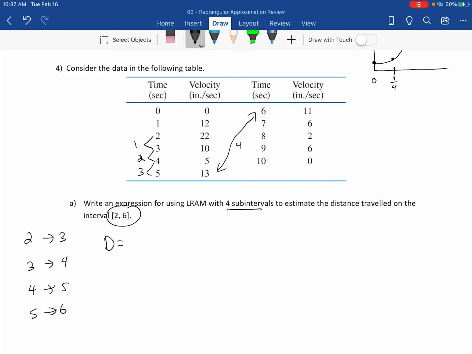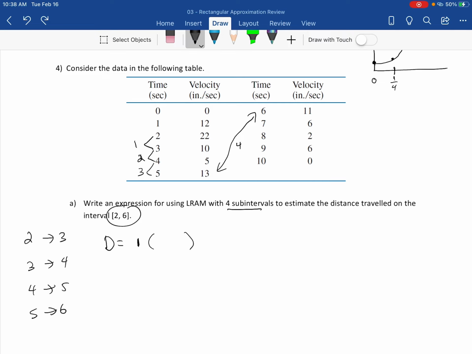Distance equals, every time, base times height. Every one of these intervals is 1 second wide. That is, we're going 2 to 3, 3 to 4, 4 to 5, 5 to 6. So base is 1. Then the height will be whatever it is at the left-hand value. In interval 1, the left-hand value is 2.